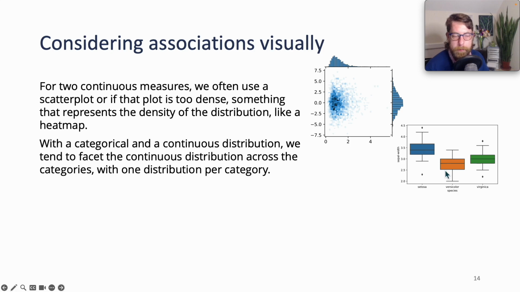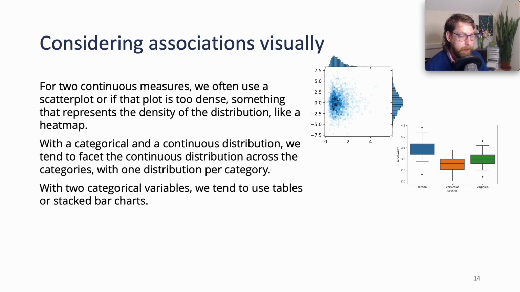Now here's what we would do with a categorical and a continuous. These are 3 different measurements, or it's really the same measurement, but across 3 different species of flower. We'll see those flowers now and again in a bit.